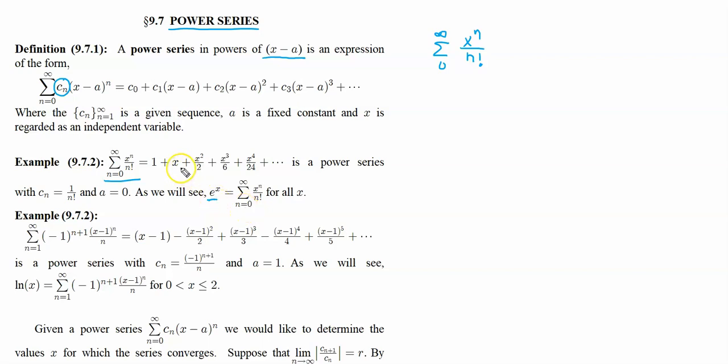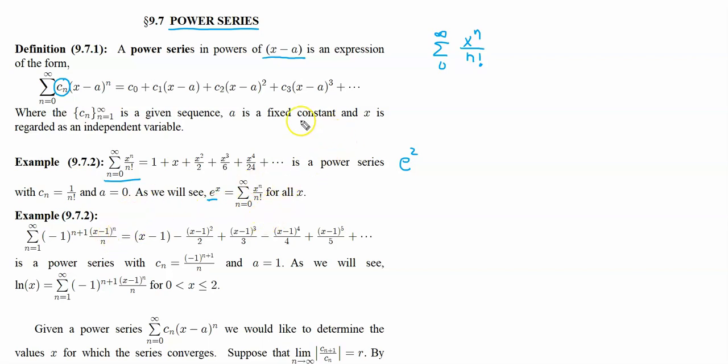So if you put, for example, 2 in for the x, and you calculated out this series, added up 1,000 terms or so, you would get a value that is very close to e squared, or e to any power you put in here. Okay, so that's a very interesting fact, and that's actually a Taylor series. So we'll look at that in more detail in the next section and prove this result.